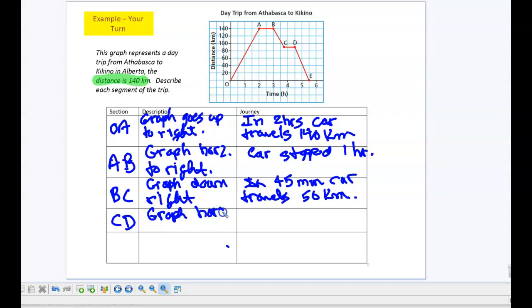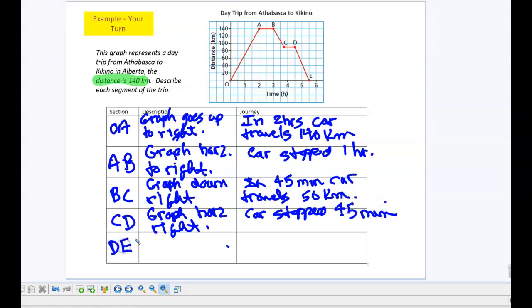In segment CD, the graph is horizontal and to the right. And it looks like the car, since it's horizontal, stopped for approximately 45 minutes.